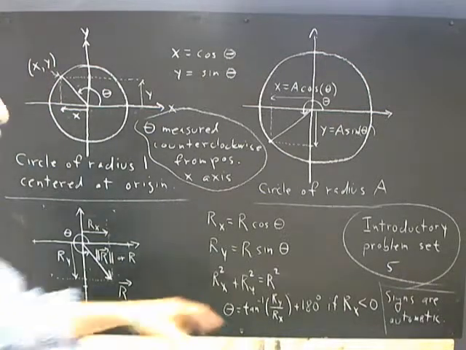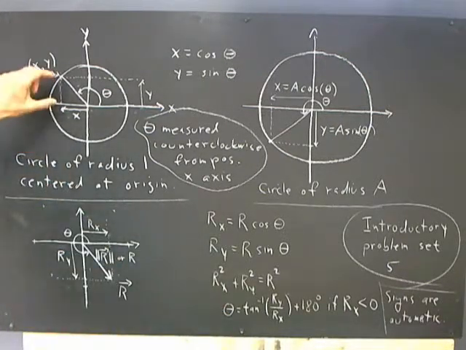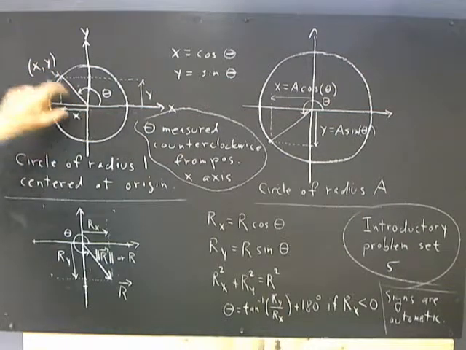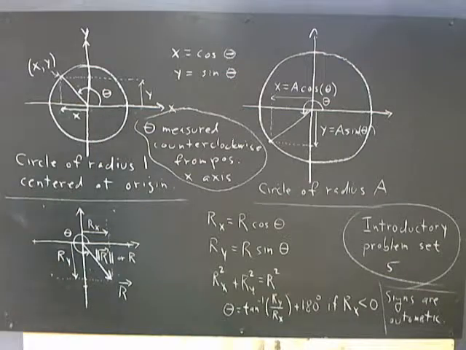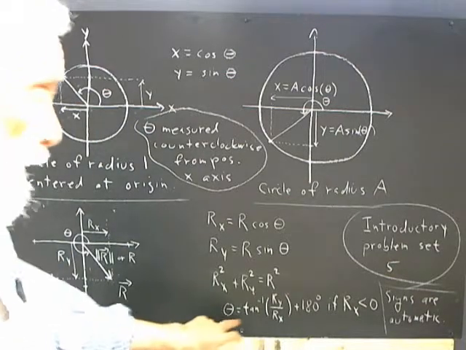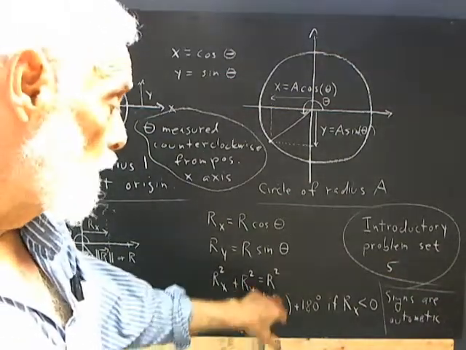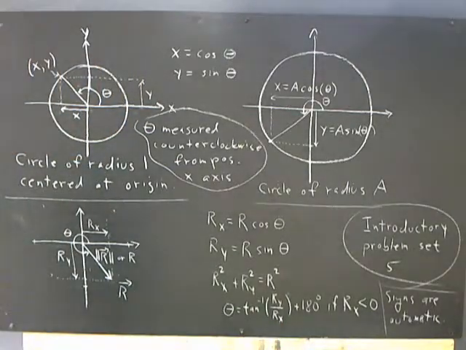Okay, so the result of that is that the tangent of theta is the sine divided by the cosine, which is the y-coordinate divided by the x-coordinate, so that the angle will be the inverse tangent of the y-coordinate over the x-coordinate.